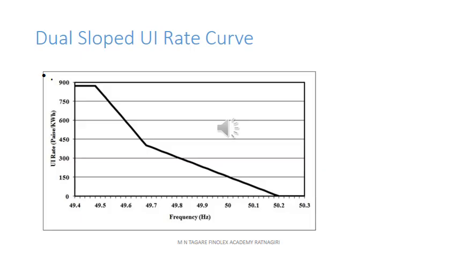But at the same time, in the initial zone when the frequency is 49.5, the rate goes to almost 8.8 rupees, 80 paisa, or maybe 9 rupees. So for per unit you get 9 rupees.